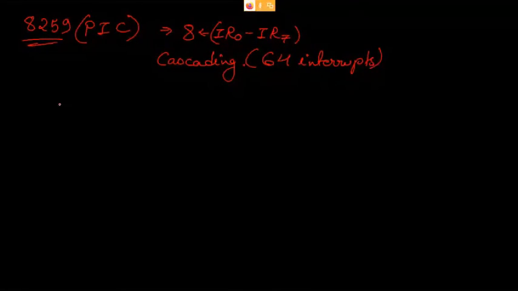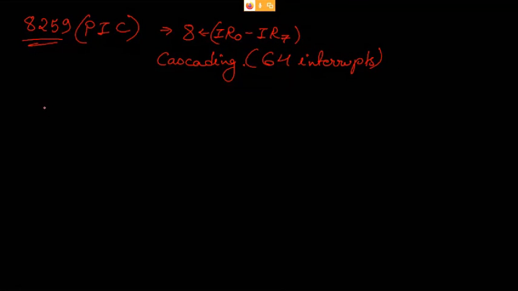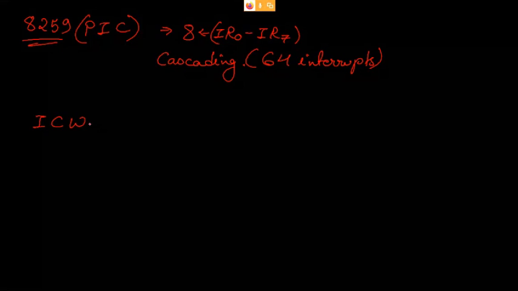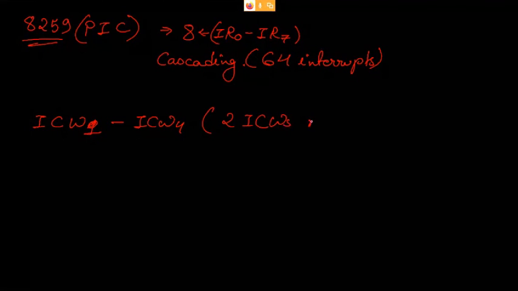We studied that to work with the PIC or 8259, we have to generate 4 ICWs, ICW1 to ICW4, out of which 2 ICWs are mandatory.